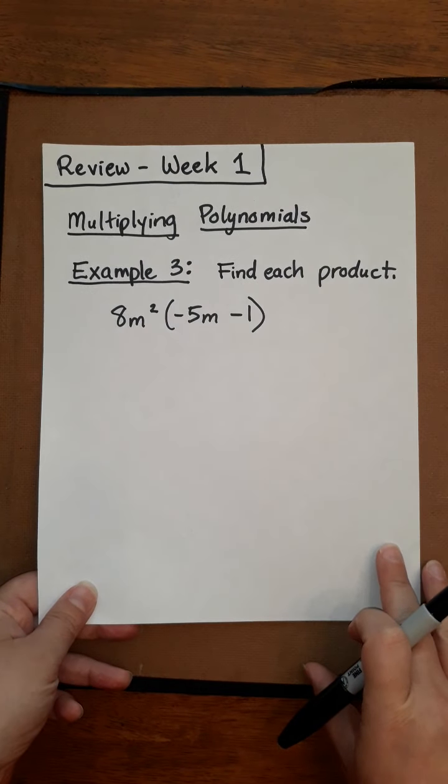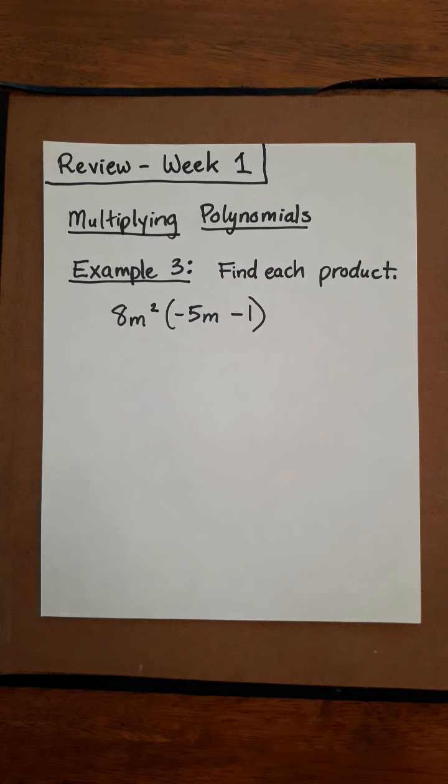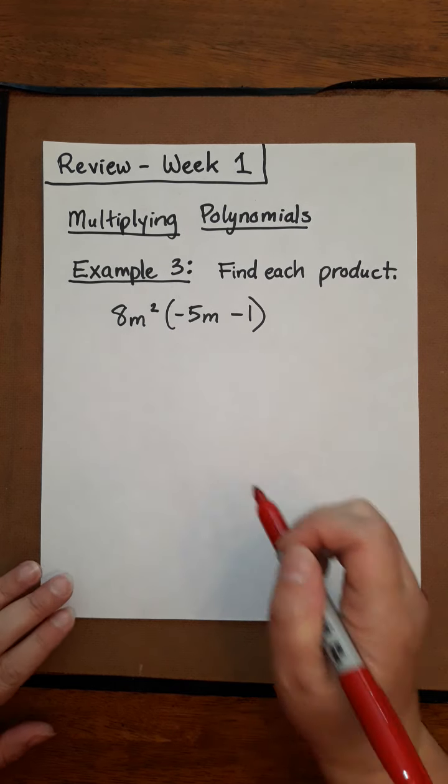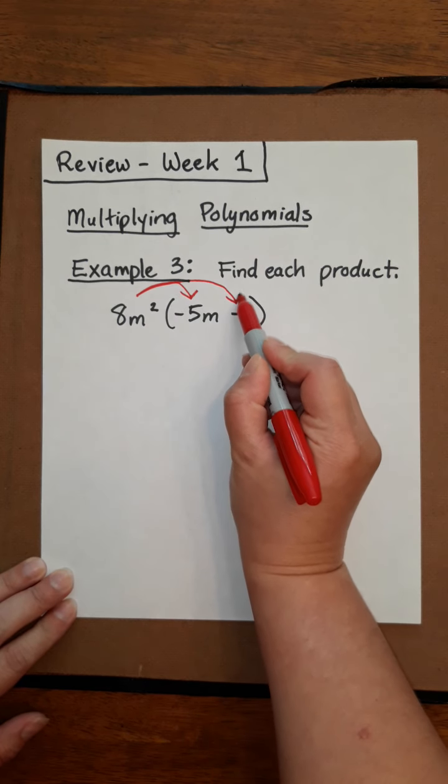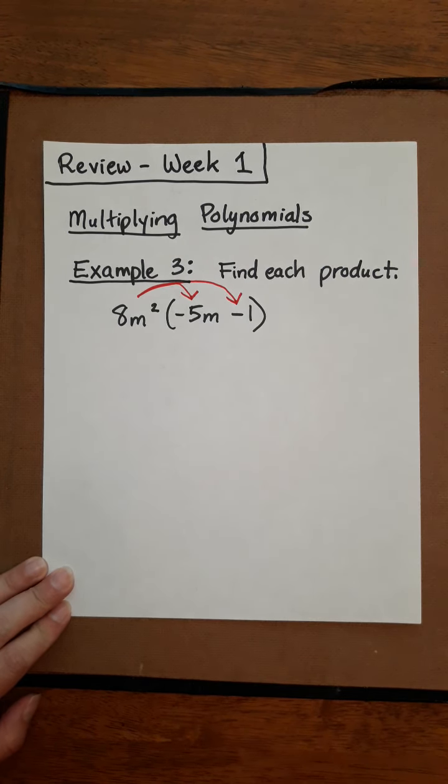Okay, and lastly, we're going to do an example of multiplying polynomials. So we have 8m^2 times negative 5m minus 1. We have to distribute this monomial outside to each term in the binomial.